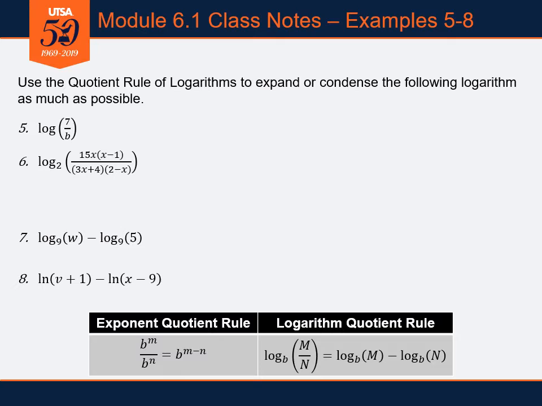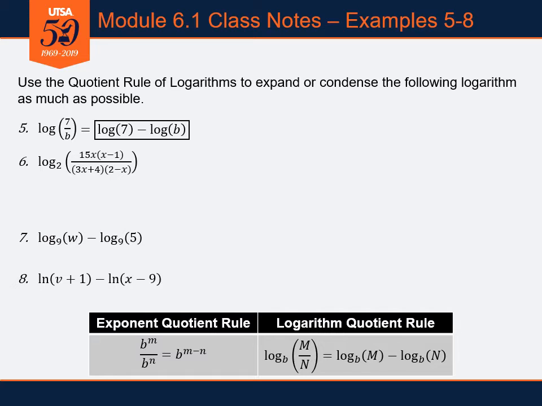And now we're going to apply that rule in a couple of examples here, as we did with the product rule in our first set of examples, with question number 5 kicking us off: log of 7 over b. That single logarithm of a quotient can be split into a difference of two logarithms, log of 7 minus log of b.